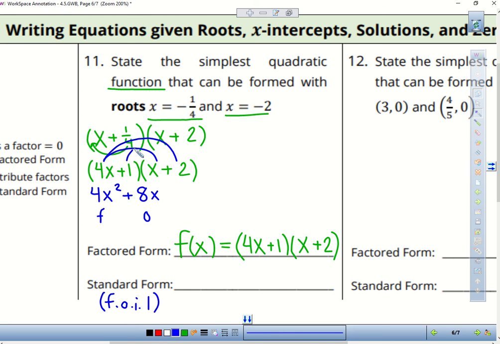And then we're going to do inner times inner, which is the 1 times the x, which is just x. And then we're going to do last times last, which is going to be 1 times 2, which is just 2, which is where the L comes from in FOIL.